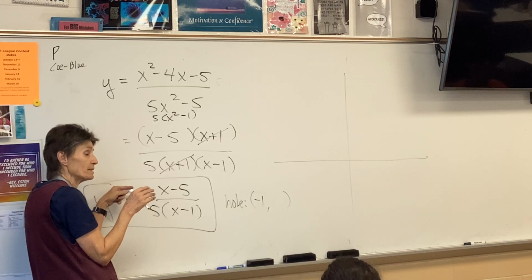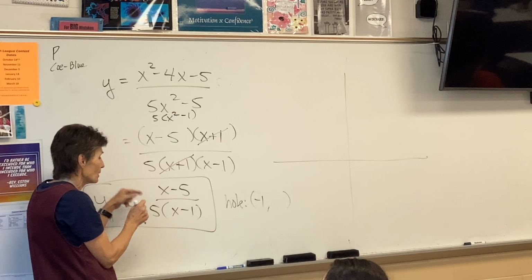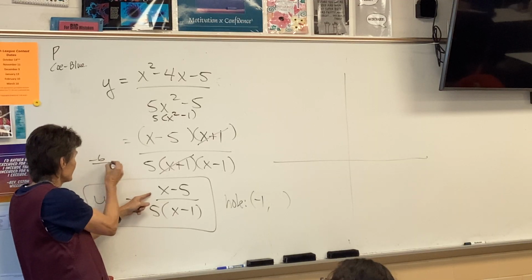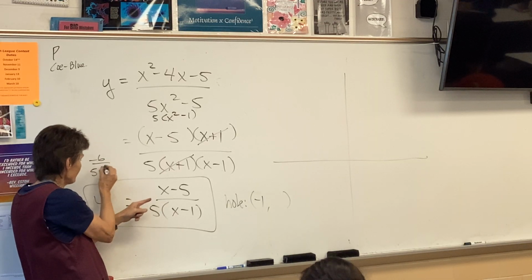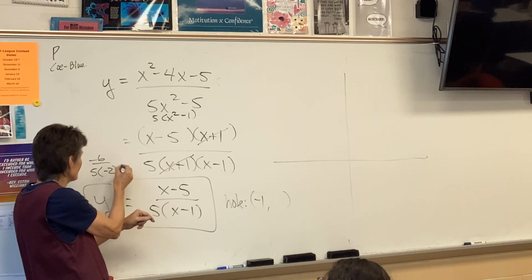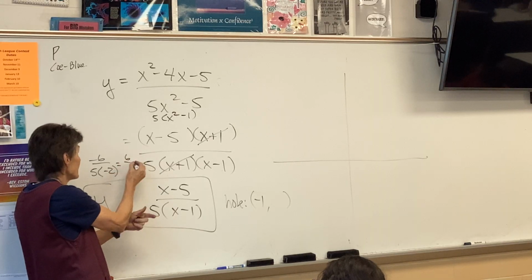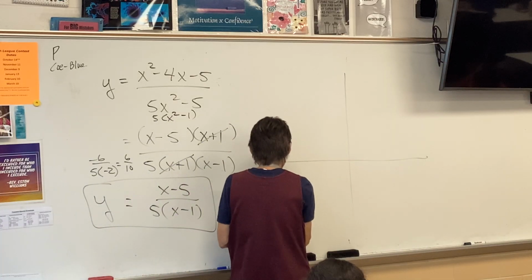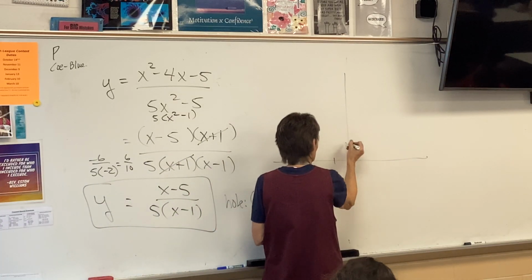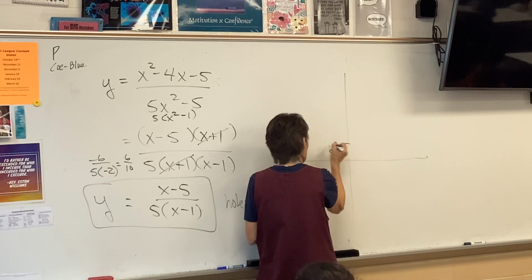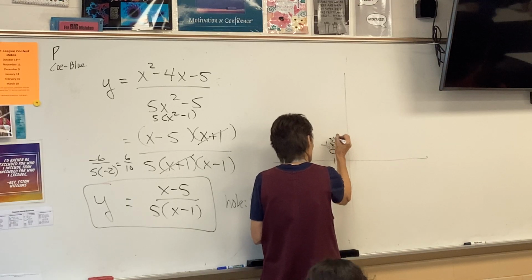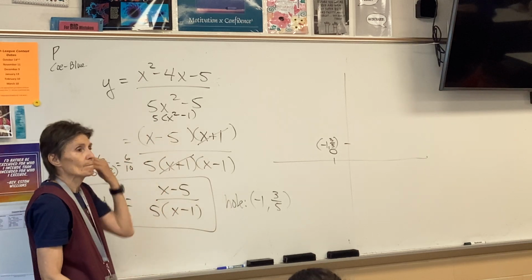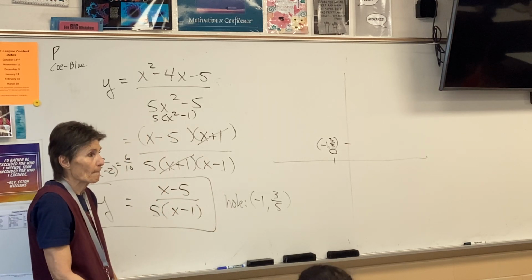It'll give you a zero in the denominator. You gotta plug it in here. I got -6 over 5 times -2. So 3/5. So at -1, 3/5, I have my open dot. Are you okay with that?